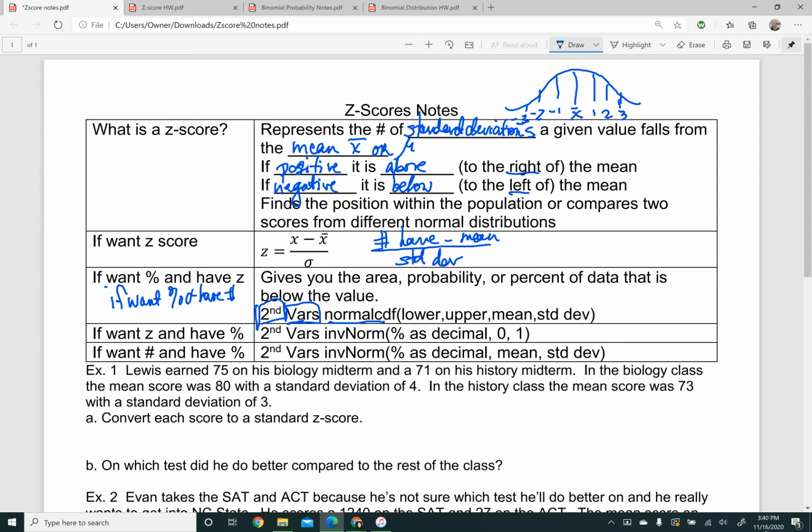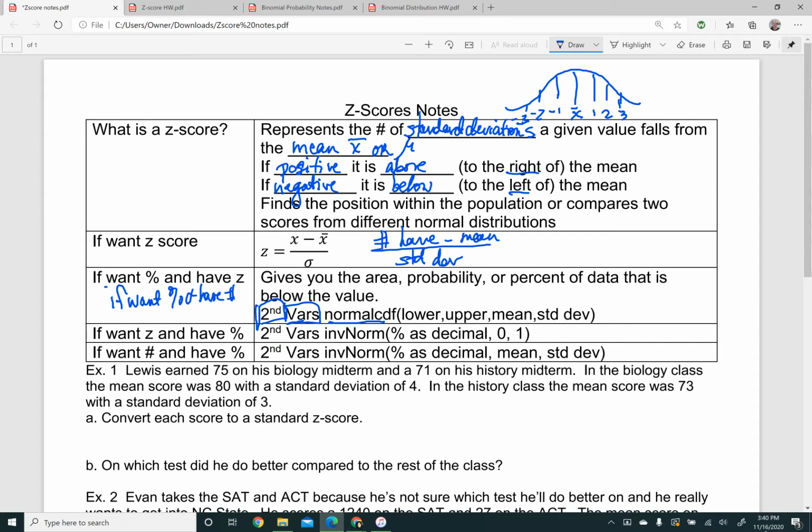And what this normal CDF is, it accumulates the distribution, so it adds up. So last time we might have said, what's this percentage between here and here? And we would add up the percentages that were in there in our normal curve, right? And so that's what this does. Normal CDF accumulates or adds up the numbers between each of these things.